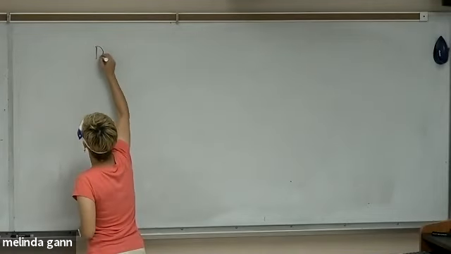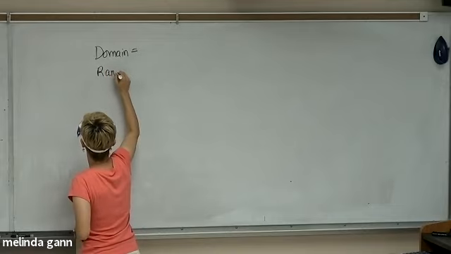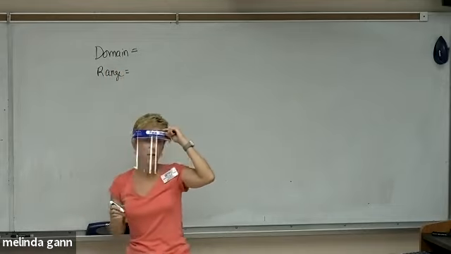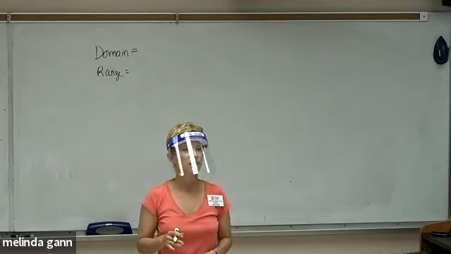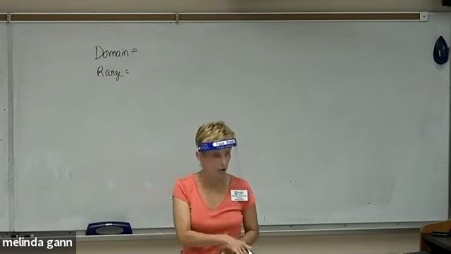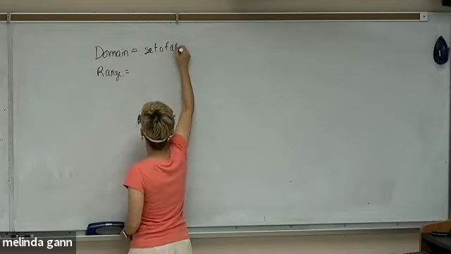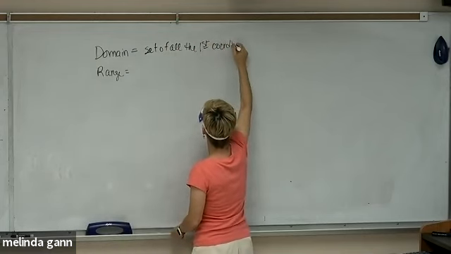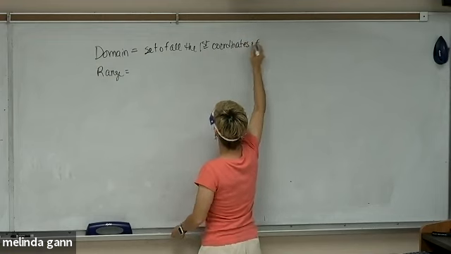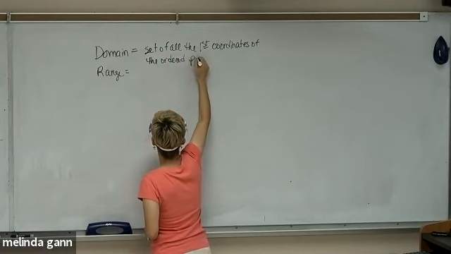Okay. Let's go do domain and range. Now, first of all, let's define them. Remember how we said that functions were a set of ordered pairs? All right. The domain's the set of all the first coordinates of those pairs. The set of all the first coordinates of the ordered pairs.